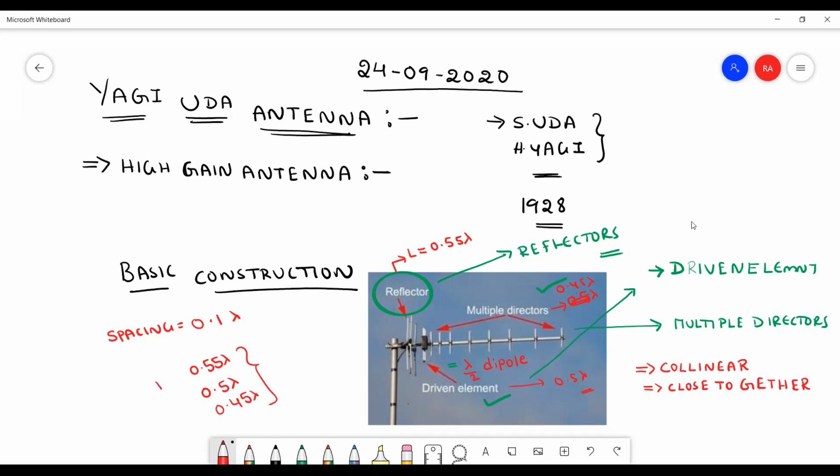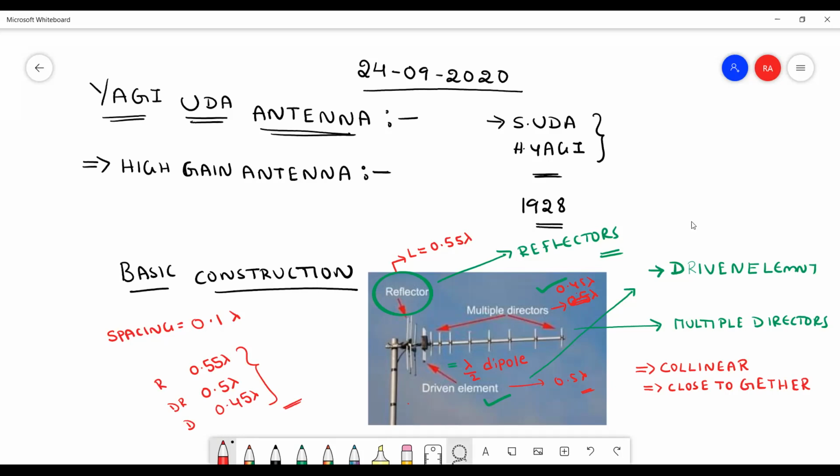So reflector, driven, and directors. These are the possible dimensions, very popular for competitive examinations.